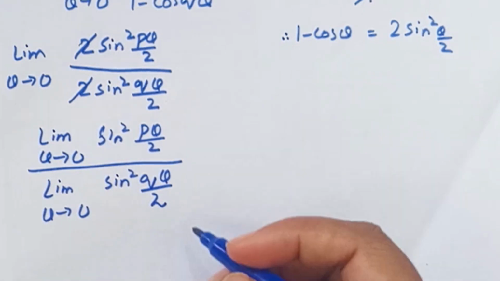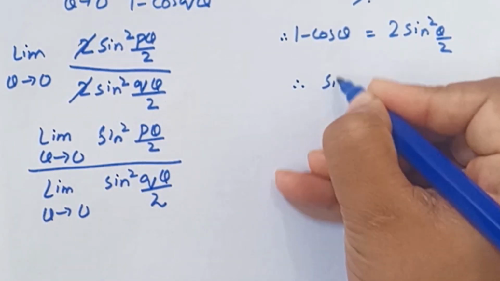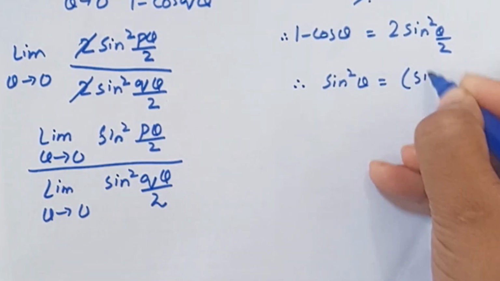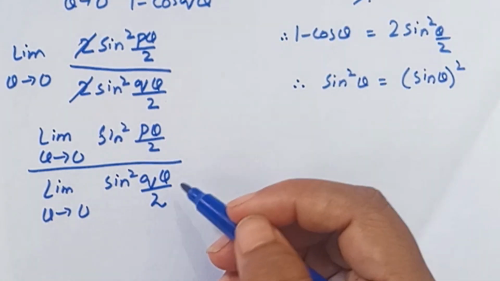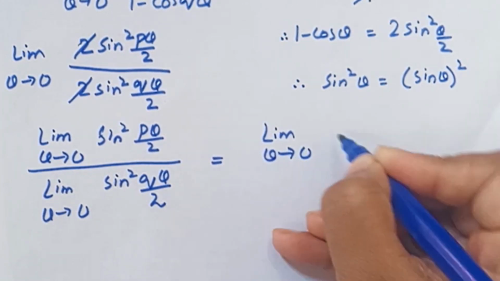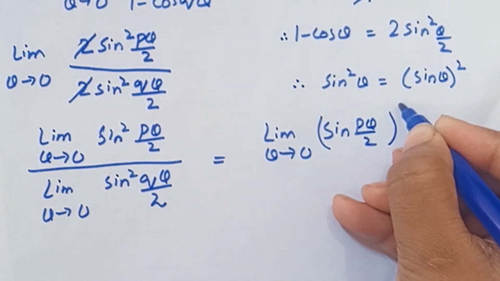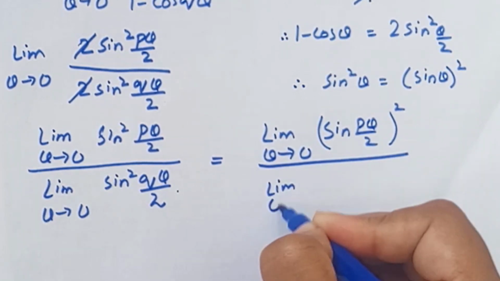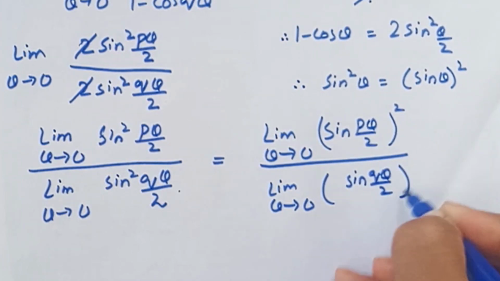Now in the next step we use this identity: sine square theta is equal to (sine theta) whole square. We apply this property in the numerator and denominator. So this is the limit theta approaches 0 of (sine p theta over 2) whole square, over the limit theta approaches 0 of (sine q theta over 2) whole square.